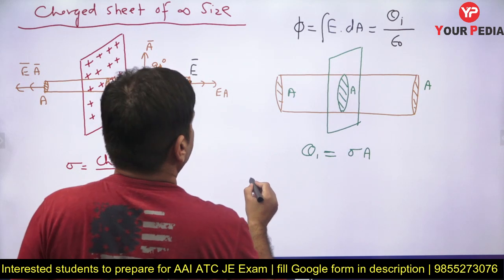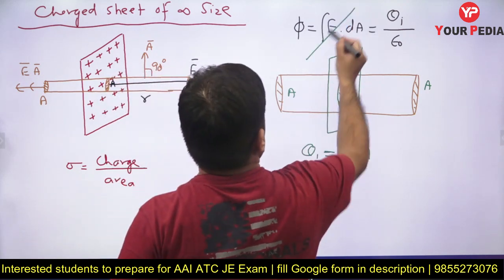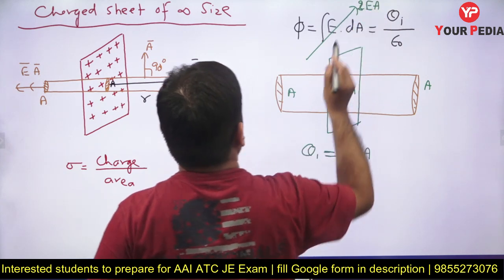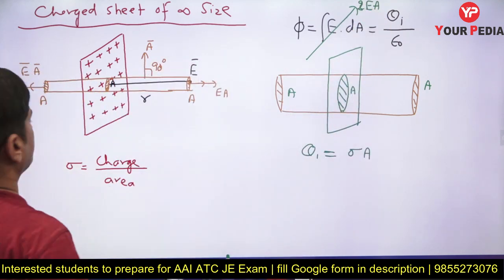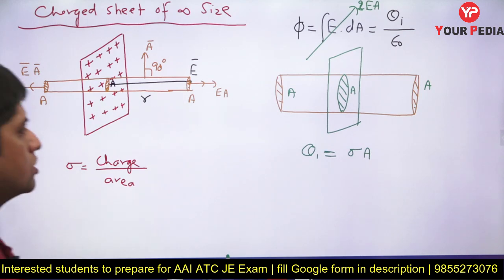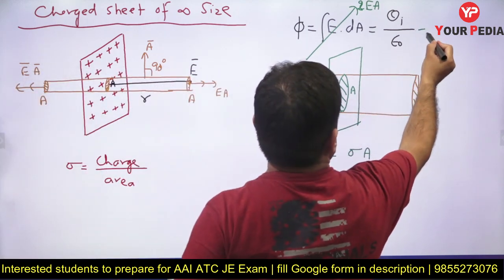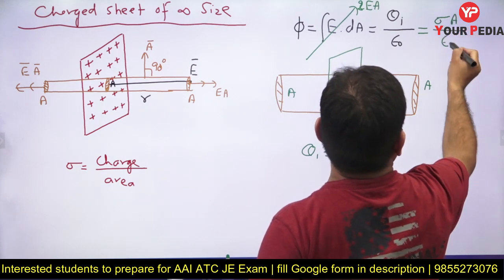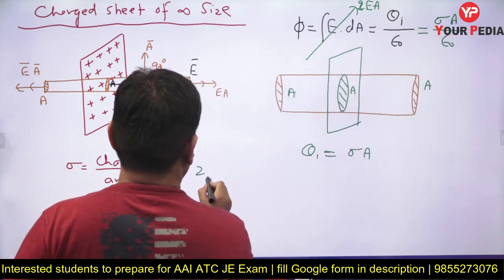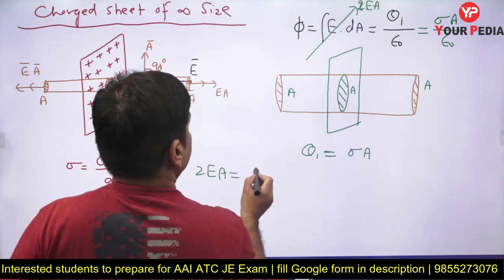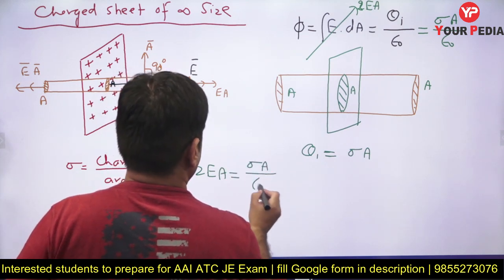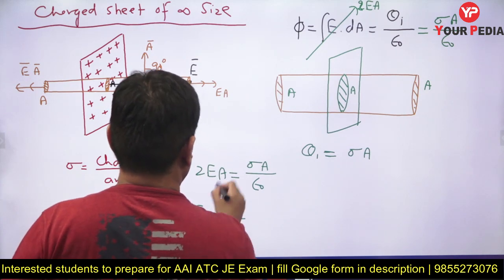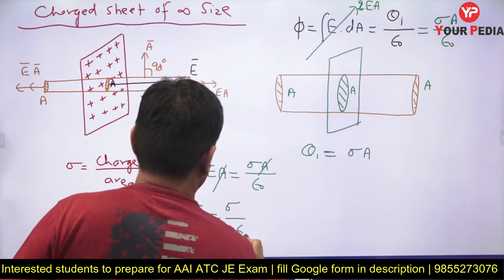EA plus EA, so we get 2 times E into A. Why 2 times? Because there is electric flux through this face and also through this face, coming out. So Q inside is sigma A over epsilon naught. So we get 2EA equals sigma A by epsilon naught, and the electric field, with A cancelling out, is sigma by 2 epsilon naught.